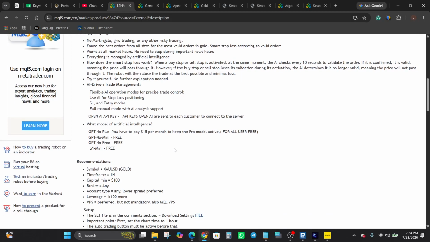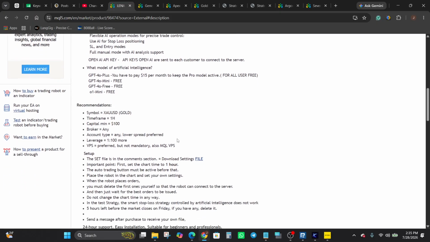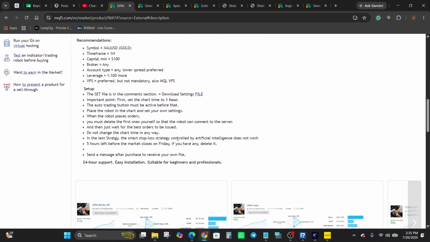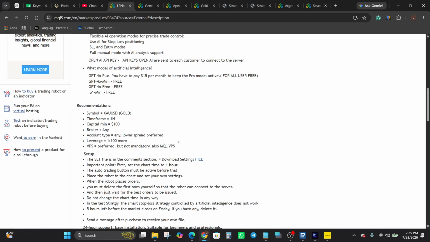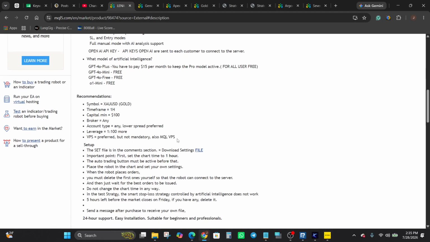Another crucial operational detail to keep in mind is that the developer explicitly notes that the AI-driven smart stop loss function does not operate during strategy tester backtests. And manual intervention is required to delete initial pending orders upon setup so the EA can connect to the server.